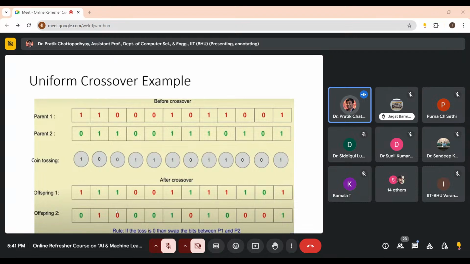Okay, so here, as we can see, there are some redundant swappings also. If both bits are the same, there is no point tossing the coin at that bit, because outcome 1 means we will not swap, outcome 0 means we will swap. If both bits are the same, swapping and not swapping does not make any difference.